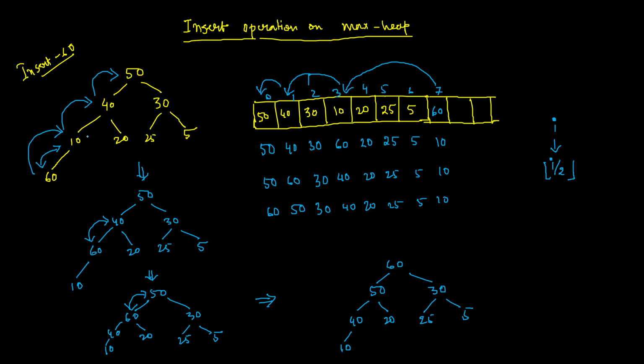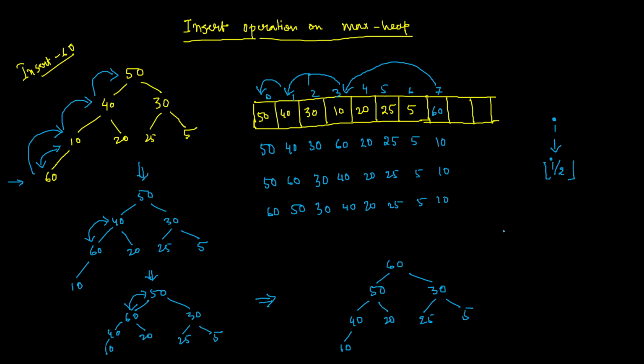over here. So if I try to analyze the maximum time taken by this insertion algorithm, it is actually taking time with respect to the height of the tree, right? Because this is the height of the tree, since this is the last level.